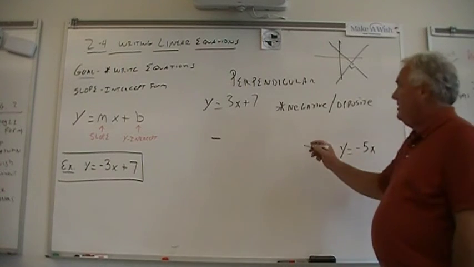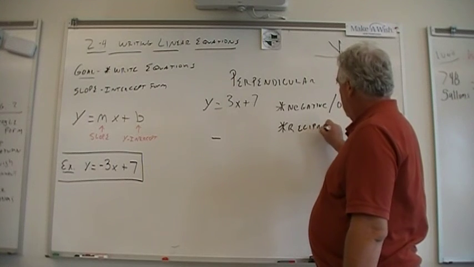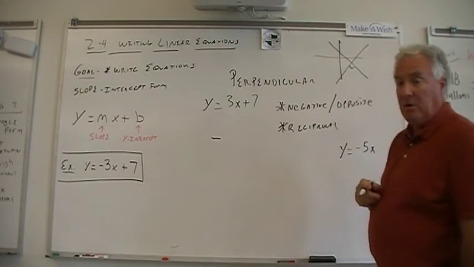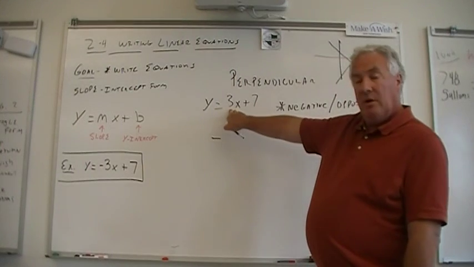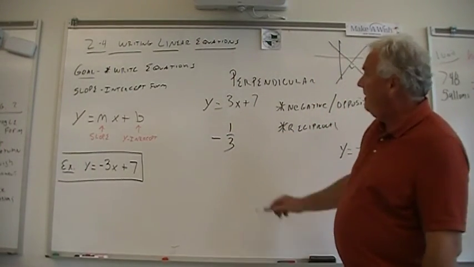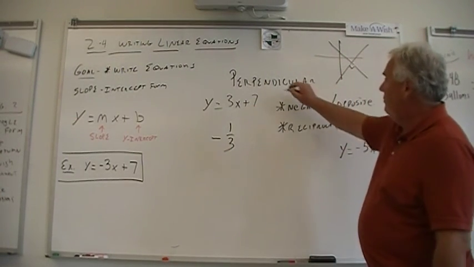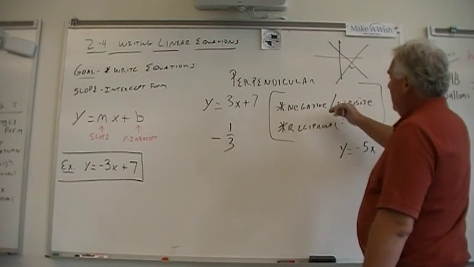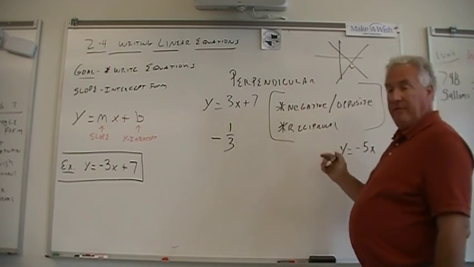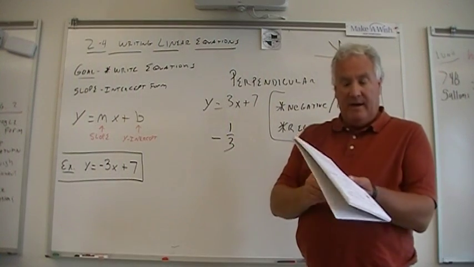It's the opposite sign. And reciprocal. What's the reciprocal of 3? 1/3. So a line perpendicular to 3 is 1/3. These are the 2 important rules. Change the sign, flip it. Okay? We'll talk more about that in class.